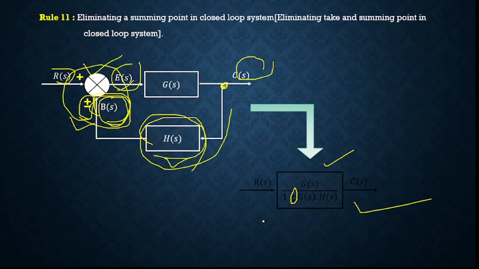So in total, this is the complete representation of the feedback loop using only one block. All complex control systems, using all these block diagram reduction rules, we will try to get only in this format so that it can be analyzed and used for system analysis purposes.